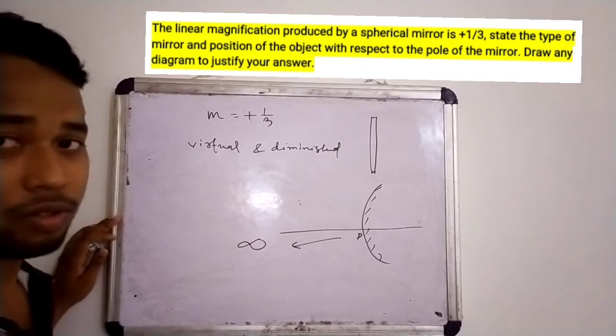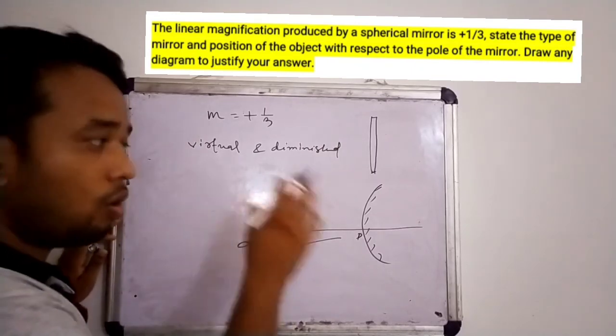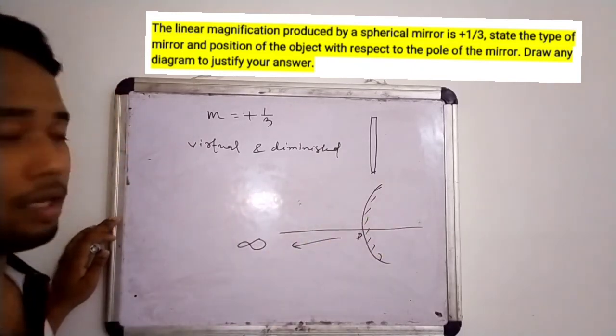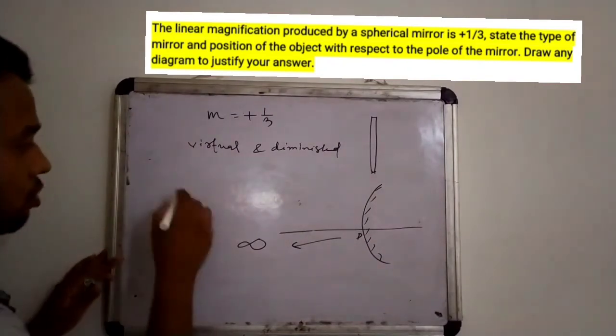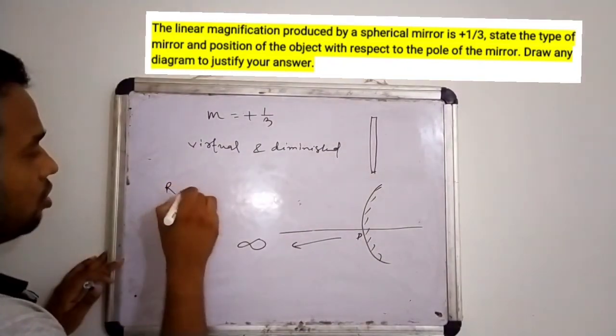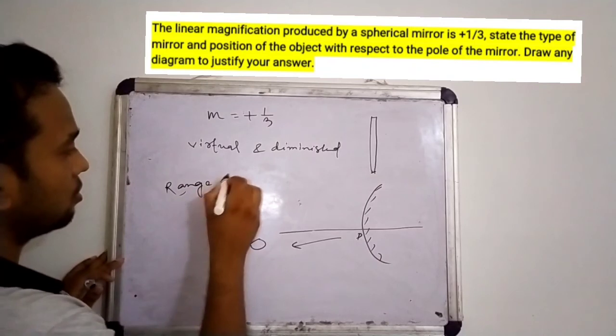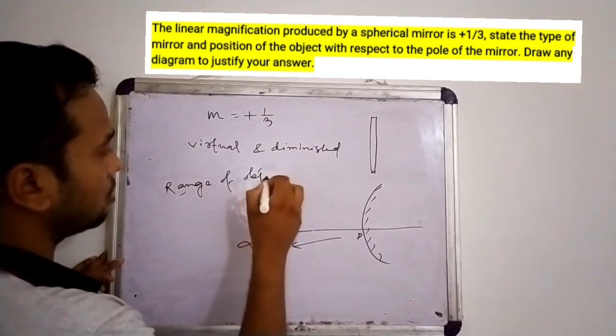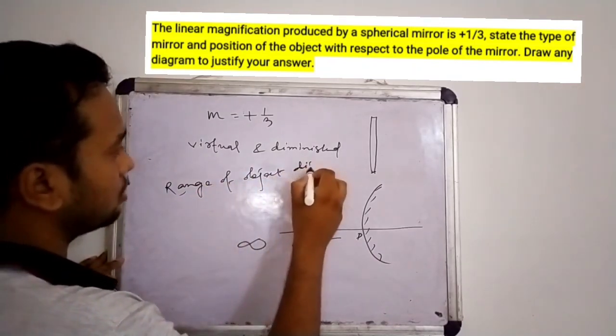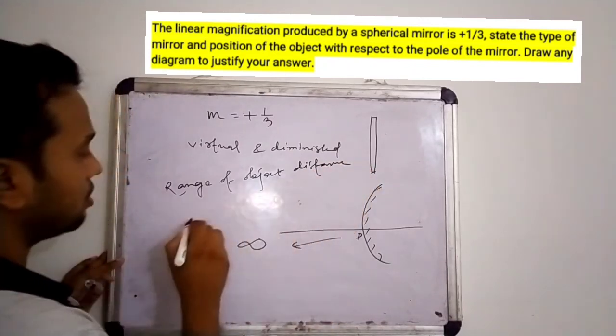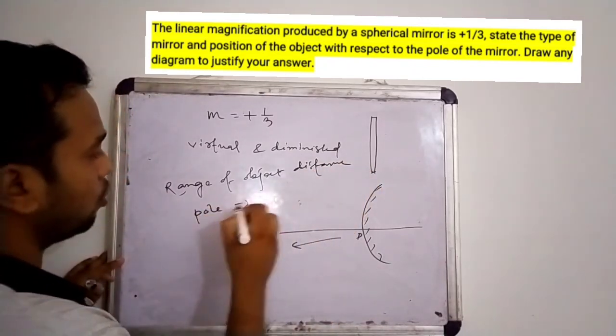At any position, if we put the object, we always get a virtual and diminished image. So the range of object distance is 0 to infinity.